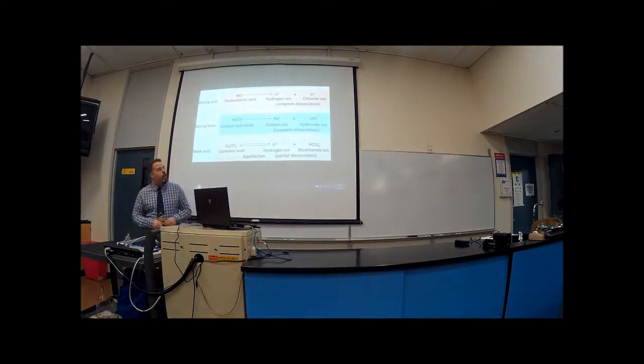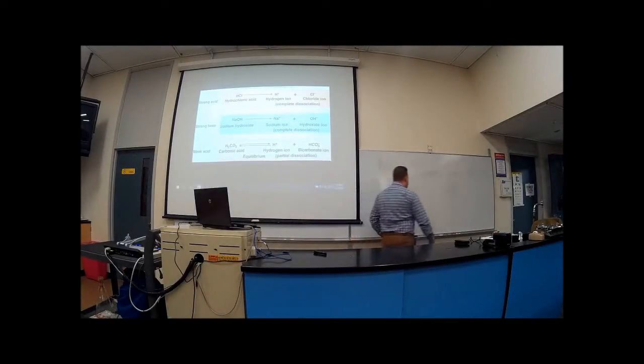So what you got to look at over here, all right? A strong acid is going to be, let's say, hydrochloric acid. When you put hydrochloric acid in water, it will dissociate completely. It will change to hydrogen ions and chloride ions, and it's 100%.